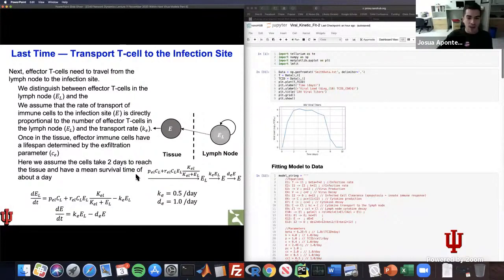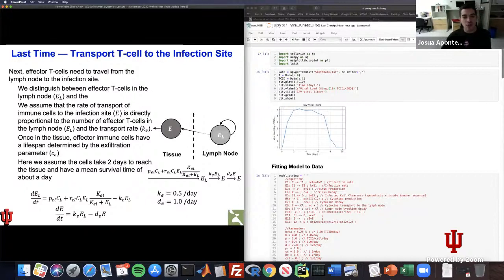And now that I look at the parameter values, we basically assumed that it was the same. So we assume that the time it takes for the signal to reach the lymph node is the same time it takes the cells to travel from the lymph node to the infection site. That might or might not be true. I think it's an assumption that we included in our model.